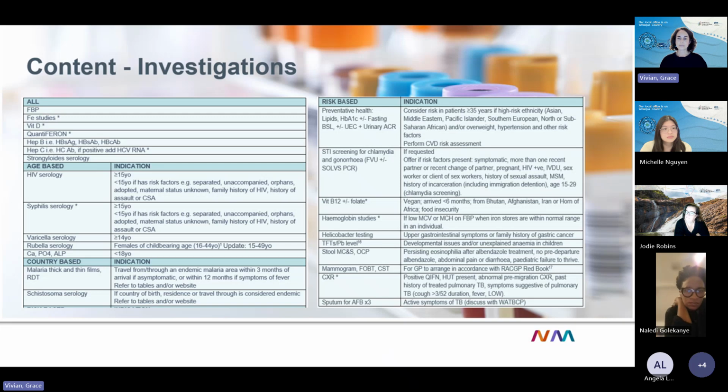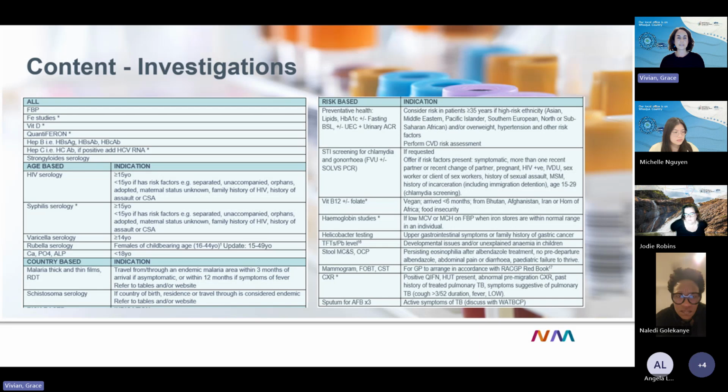Now, investigations. What do we test for? So the investigations that we do at HES are listed in front of you. They are slightly different from the Australian guidelines. There's a few differences which include things like we test everybody for Hep C, not just a particular cohort as suggested by the Australian guidelines, and there's a few other little nuances as well.